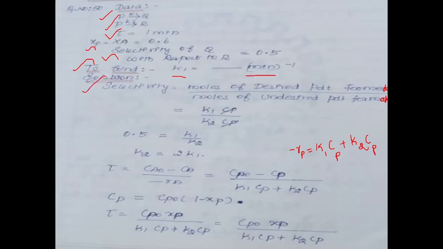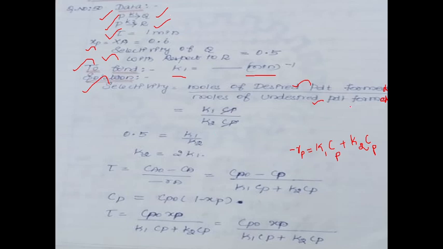Solution part. Selectivity is equal to moles of desired product formed by moles of undesired product formed. From the reaction, desired product is Q, undesired product is R. So numerator, moles of desired product formed, that is K1 into Cp from reaction 1.